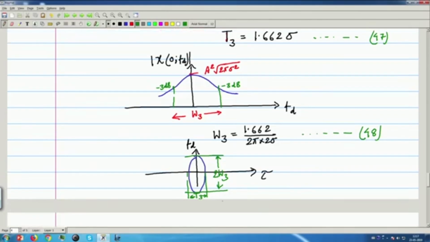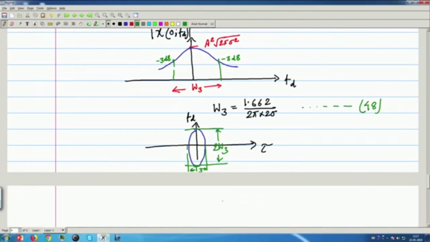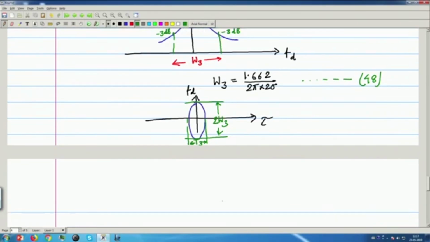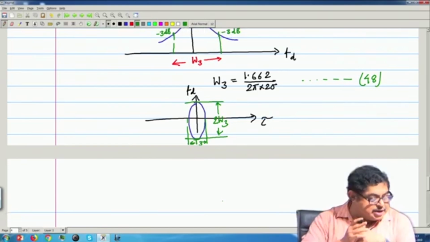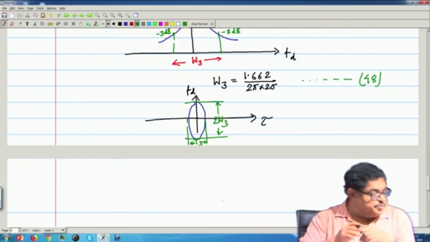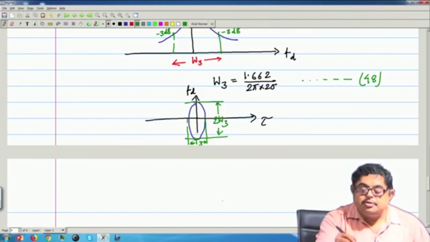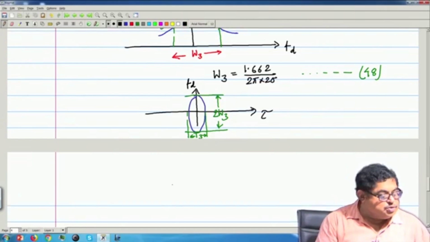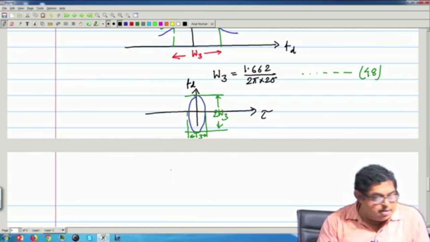So, if we want to compare with the rectangular pulse, we choose the delay resolution the same in both the cases, and let us see whether the velocity resolution for the Gaussian pulse has improved or not. So, for that, we choose the same delay resolution as for the rectangular pulse.